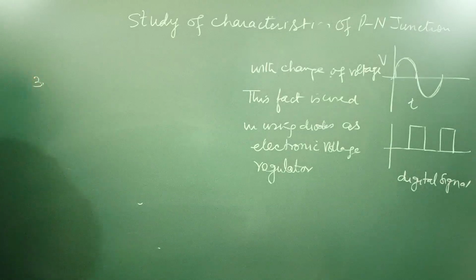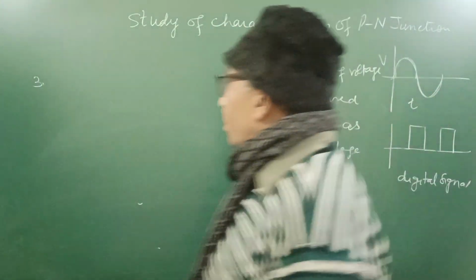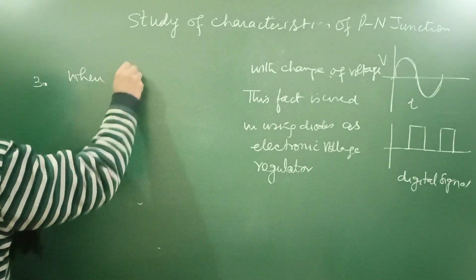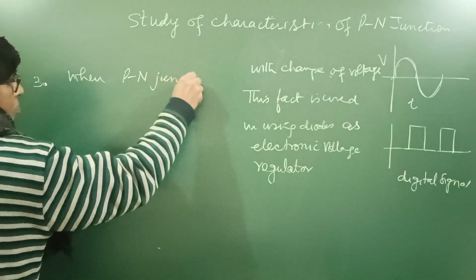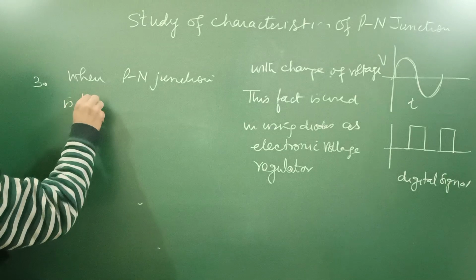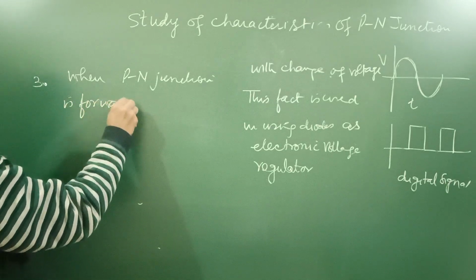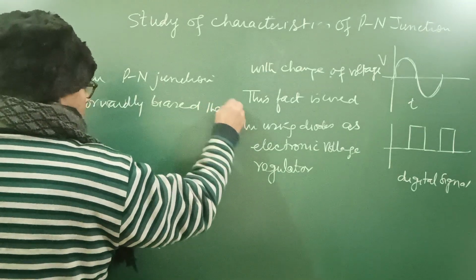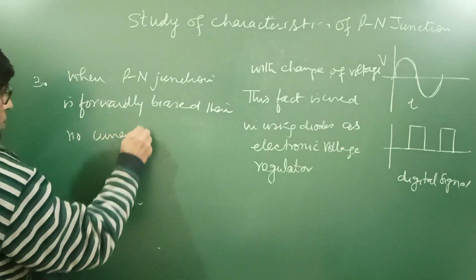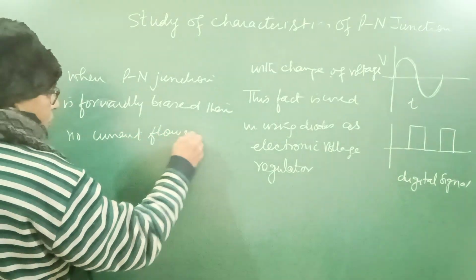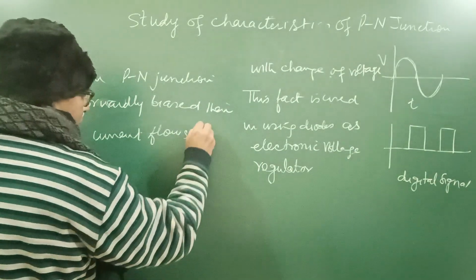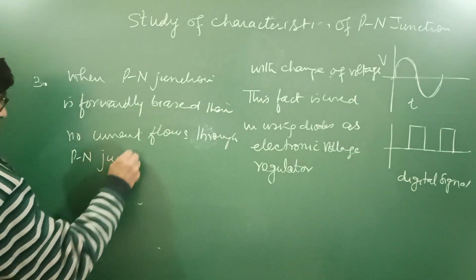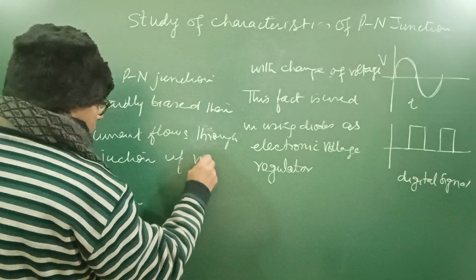Number three: when the diode, I should say the PN junction, is forwardly biased, if the voltage is less than the potential barrier, then no current flows through the diode, through the PN junction.